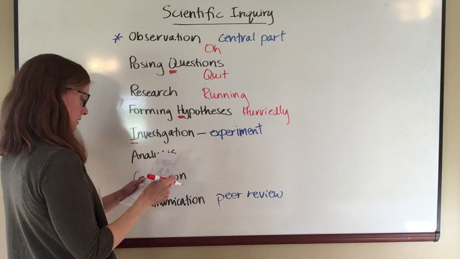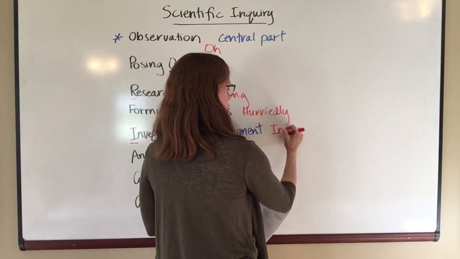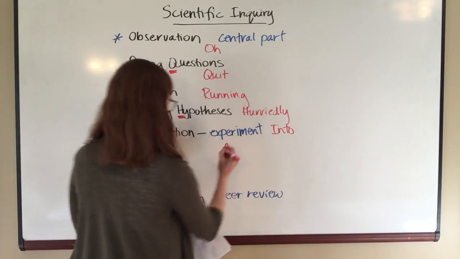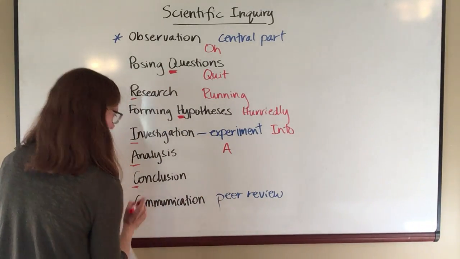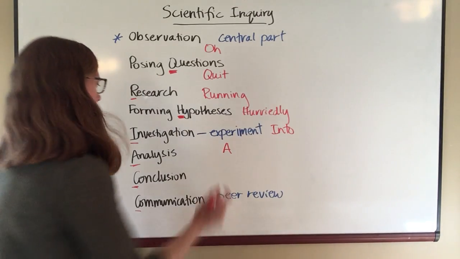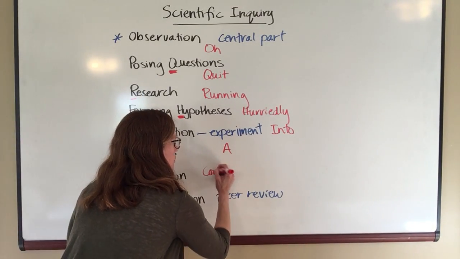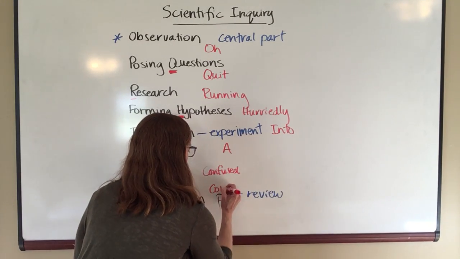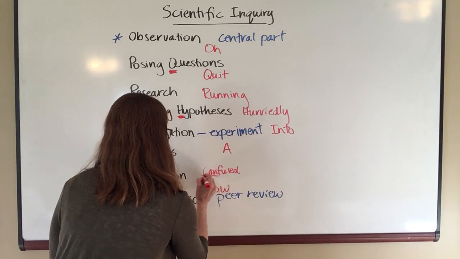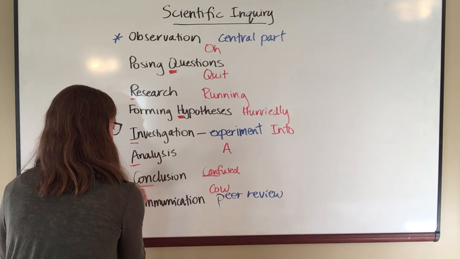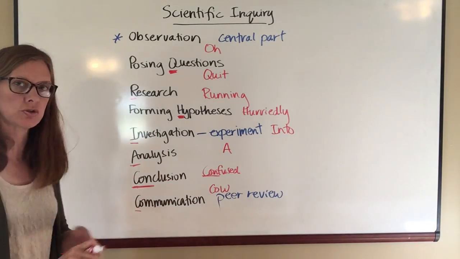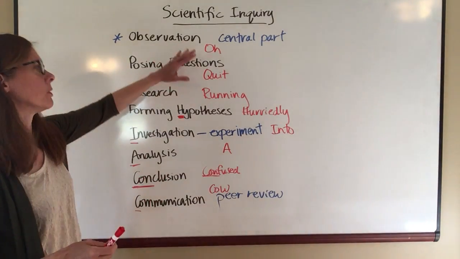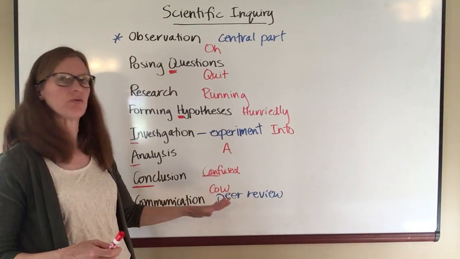The I made the word into. The A, I actually just left as an A. And then I had two C's, and I used the word confused, and I used the word cow. And the C-O-N here goes with the C-O-N here, so I can keep my two C's straight. So my sentence that I can remember is, oh, quit running hurriedly into a confused cow.